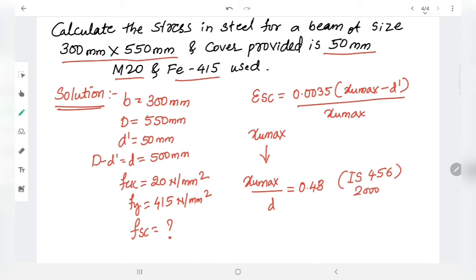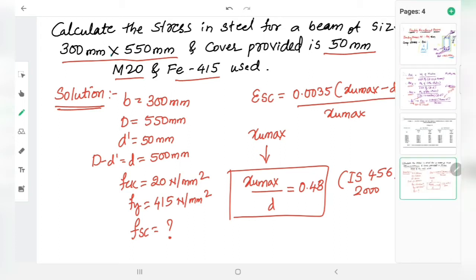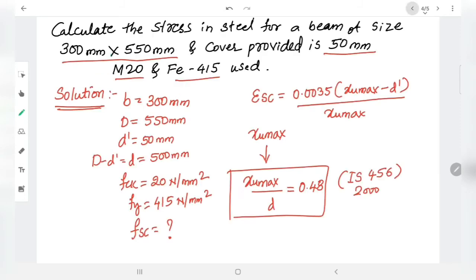You will get the value of XU max by D. That is, XU max by D is equal to 0.48. Easily you will get the value of XU max is equal to 0.48 times D. Here we have the value of D, that is 500 mm.